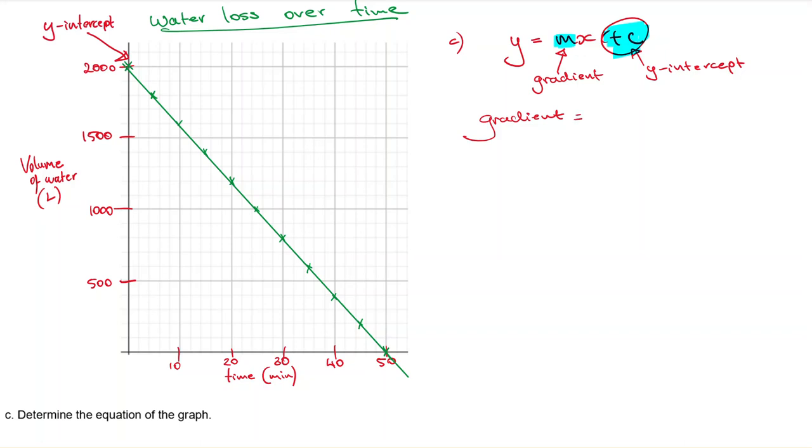To calculate the gradient, we go rise over run. The rise is this part there, between 0 and 2000, so that's just 2000. The rise has gone up 2000, and the run is along the bottom, the x-axis, which is 50.